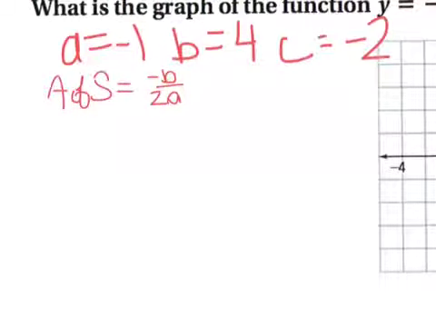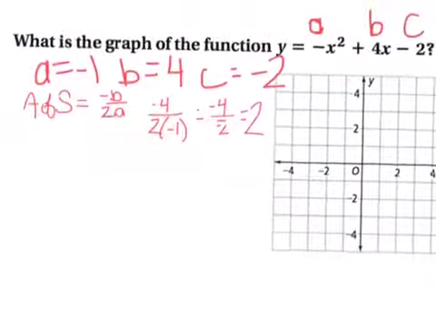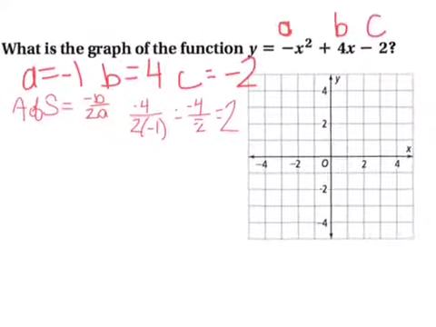So I'm going to plug in my numbers. B is 4, so I have negative 4 over 2 times a, which is negative 1, which gets me negative 4 over negative 2, which gets me my axis of symmetry at 2. On my graph, I'm going to draw that dashed line at 2.